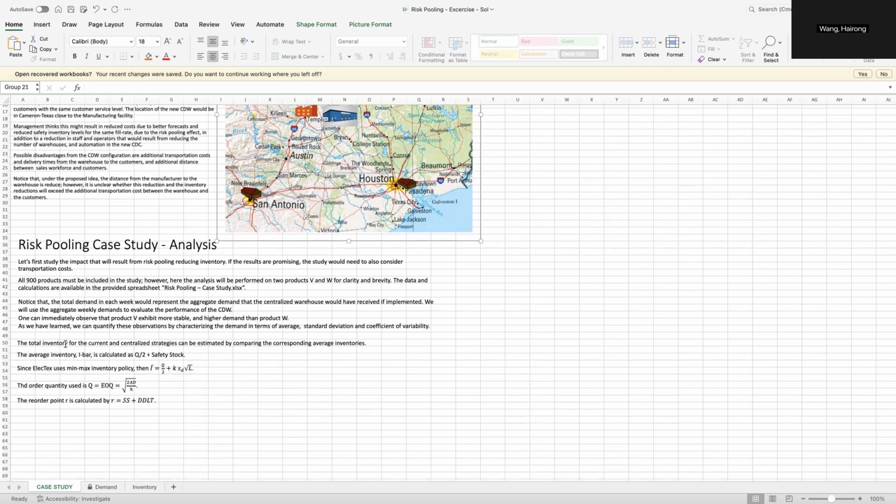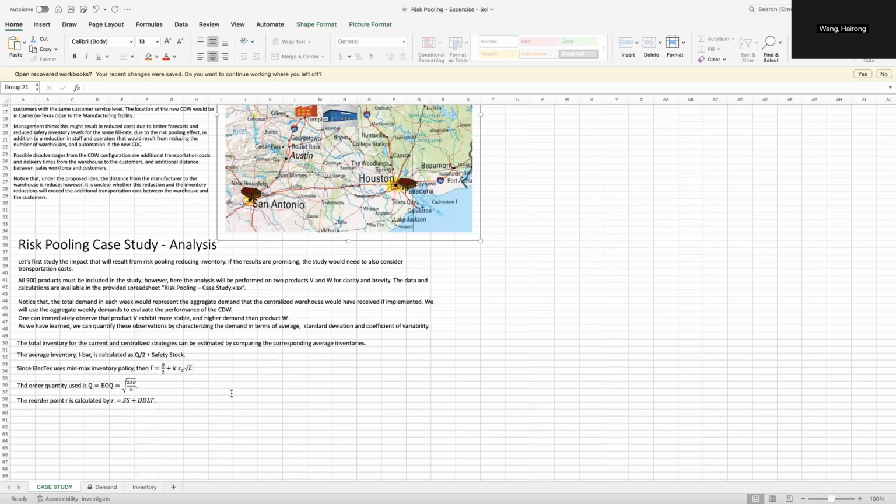So the total inventory for the current and the centralized strategies can be estimated by comparing the corresponding average inventories. So average inventory is one of the key factors that we will consider.